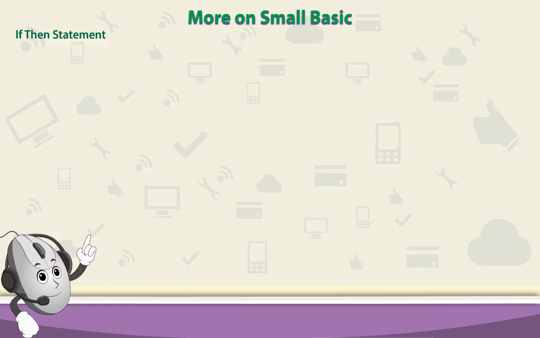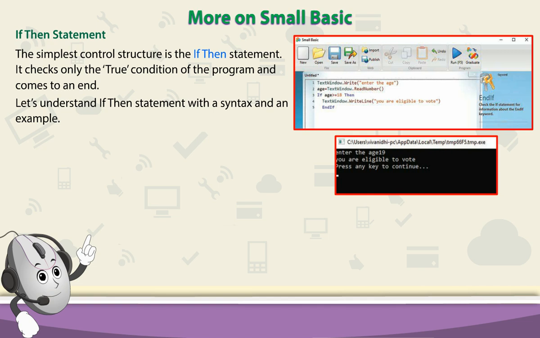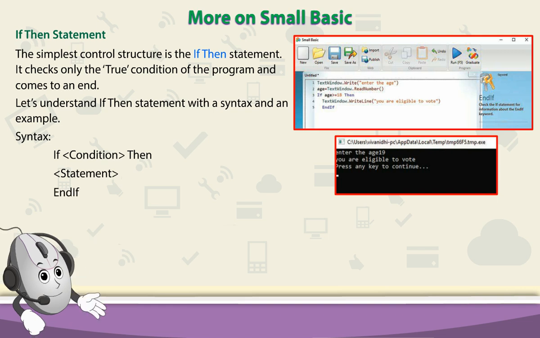If-then statement. The simplest control structure is the if-then statement. It checks only the true condition of the program and comes to an end. Let's understand the if-then statement with the syntax and an example. Syntax: if, condition, then, statement, end if.